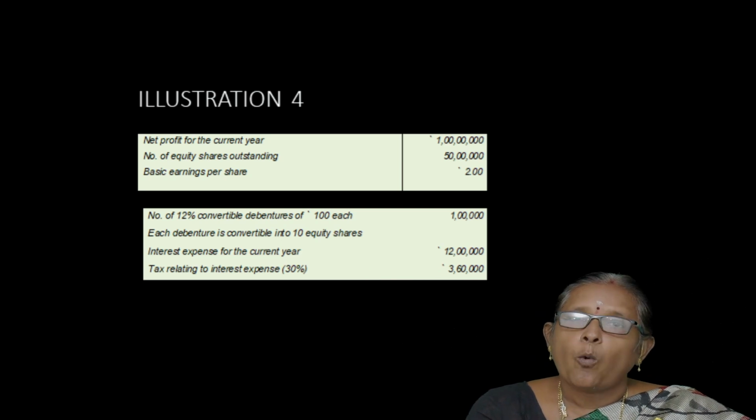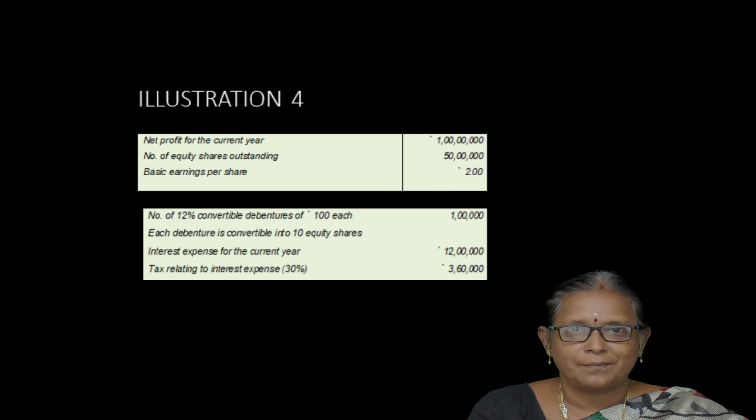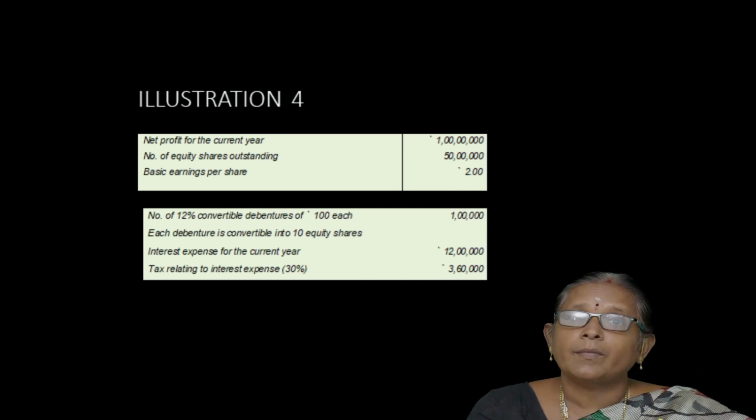That is why 1 lakh debentures are converted into 10 lakh equity shares. Already we have 50 lakh equity shares outstanding at the beginning of the period. Now we have 10 lakh more, so the total number of equity shares outstanding is 60 lakhs.